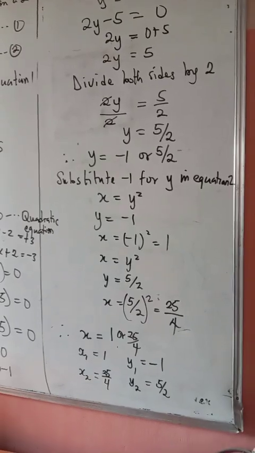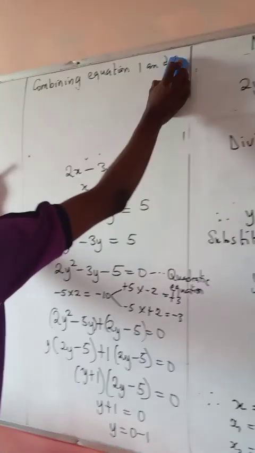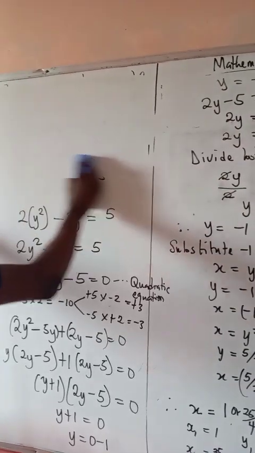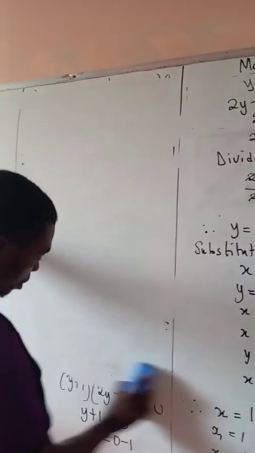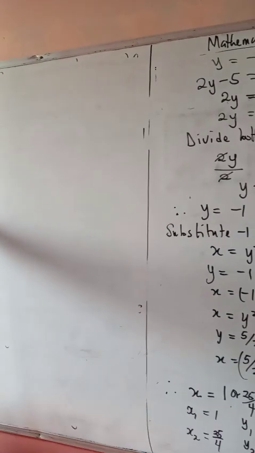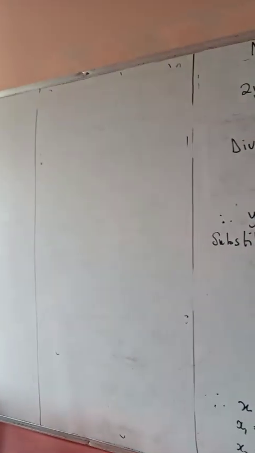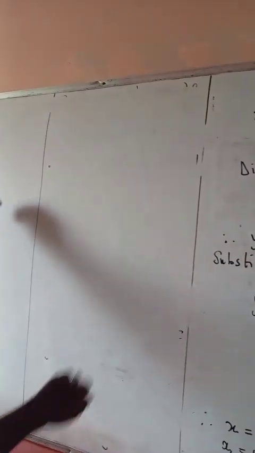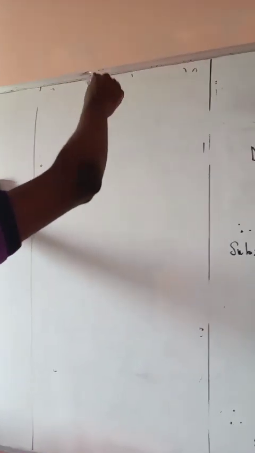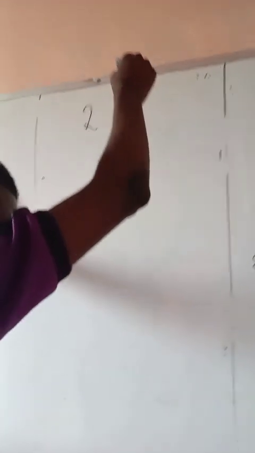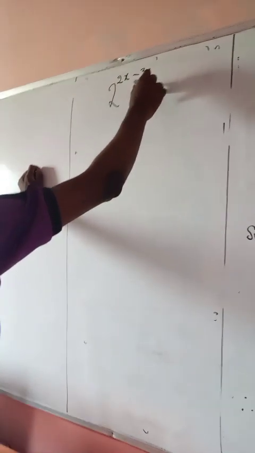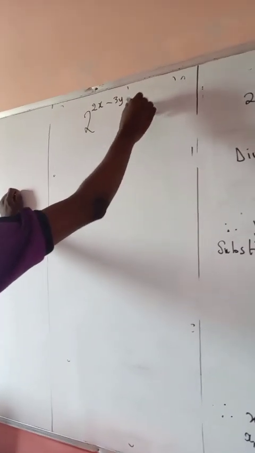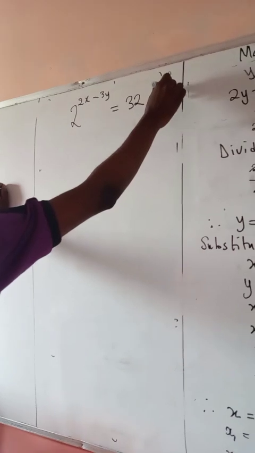So now let's check if our answer is actually correct. If our answer is actually correct, let's slot in those values for x and y respectively. So we have our two equations: 2 to the power of 2x minus 3y is equal to 32. That's equation 1.